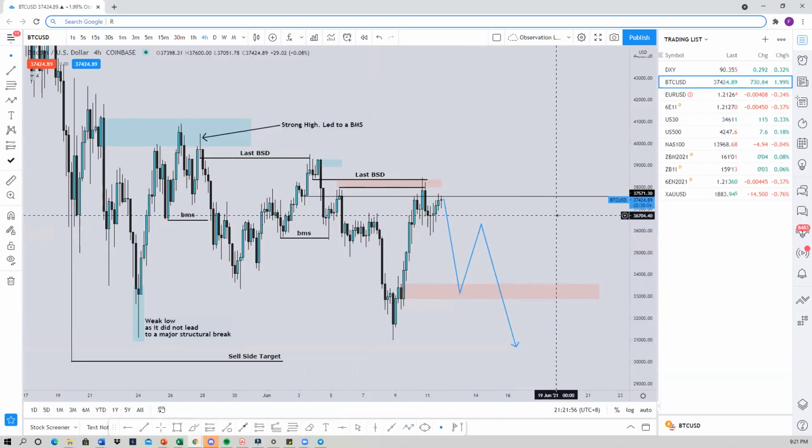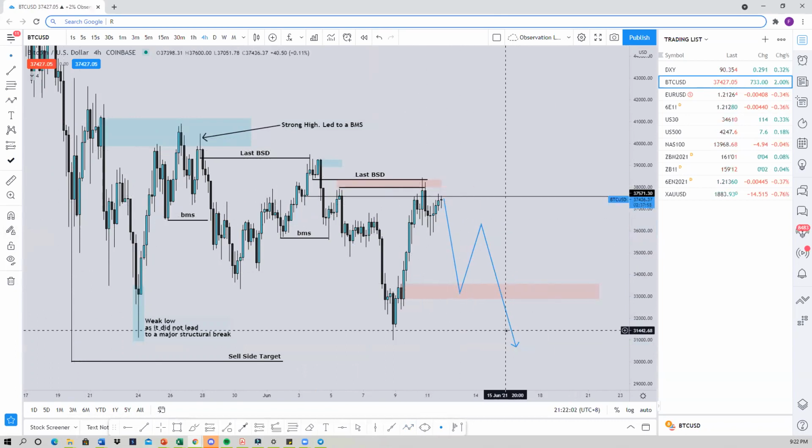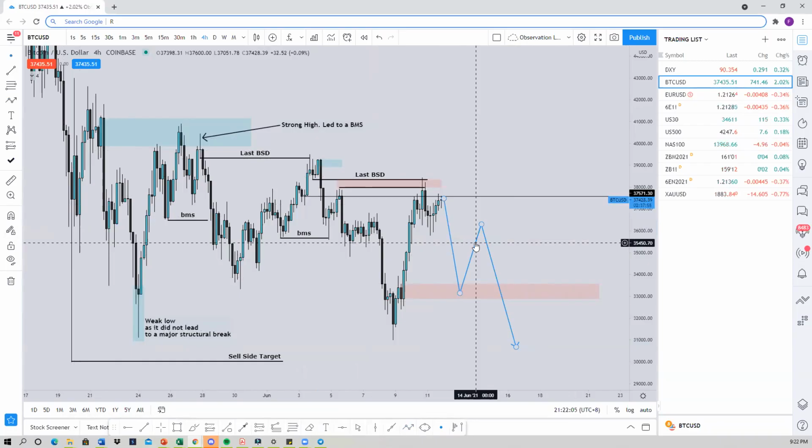Now you might ask, but you just said internal to external and external to internal. Yes, but that also works based on the overall prevailing order flow.